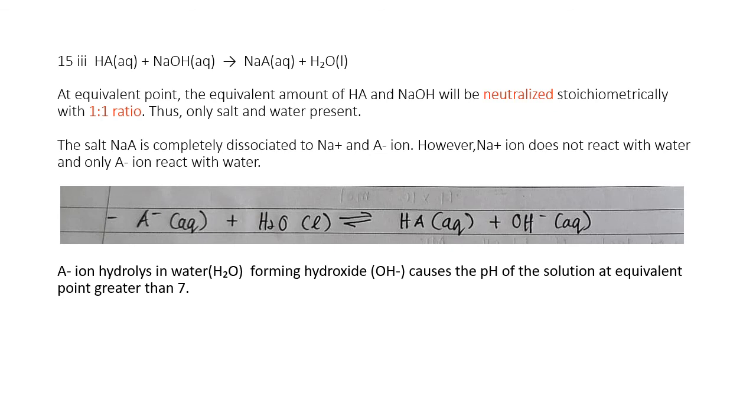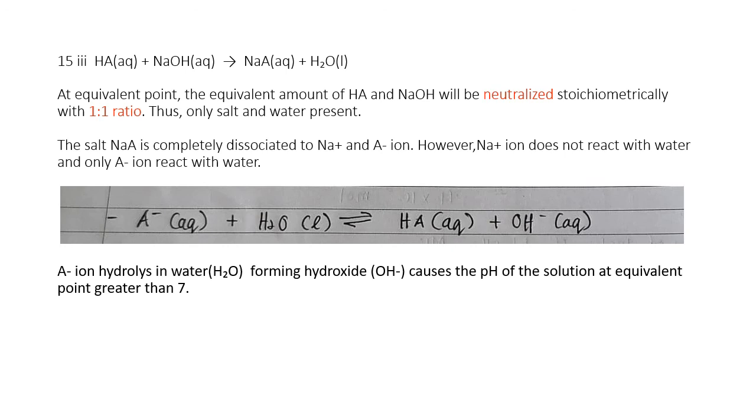So you need to write down this equation, okay? Look at here. Only A minus ion is hydrolyzed in water forming hydroxide OH minus, and this is HA.